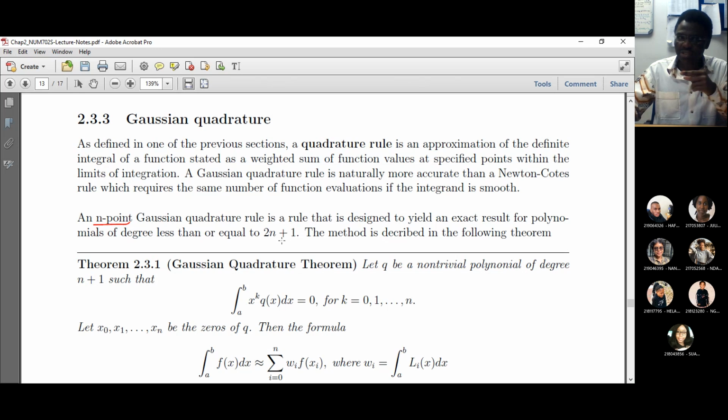So you see that it gives you more accuracy in terms of polynomials, the degree of precision. You see, it's 2n plus 1.